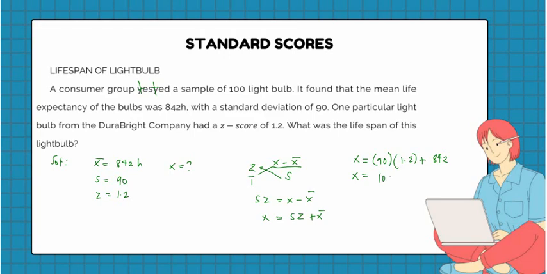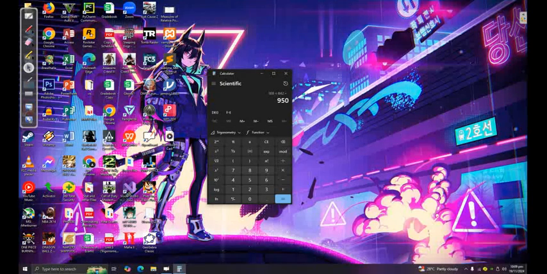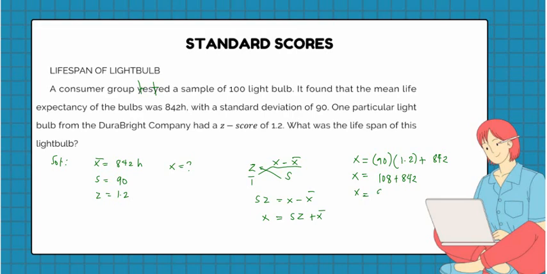Let me write that down. So 108 plus 842 would be equal to 950. So therefore, 950 hours. So meaning the lifespan of these light bulbs is gonna be 950 hours.